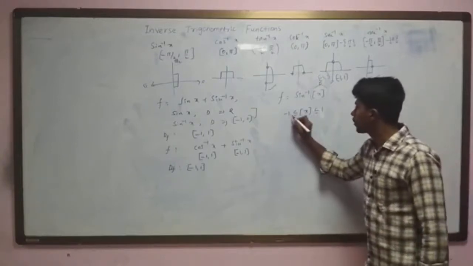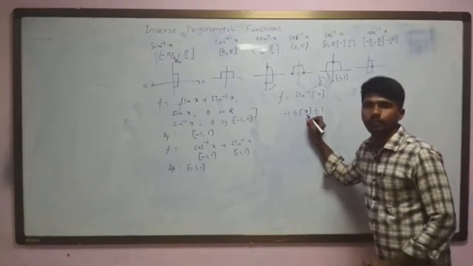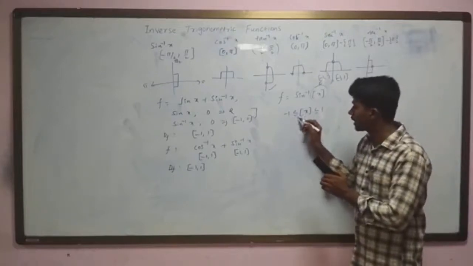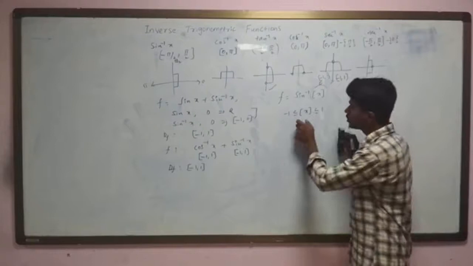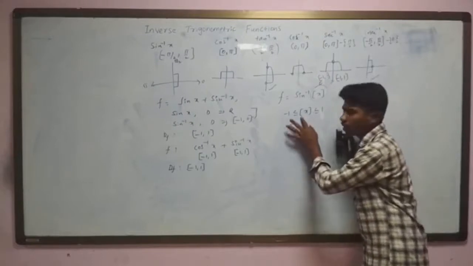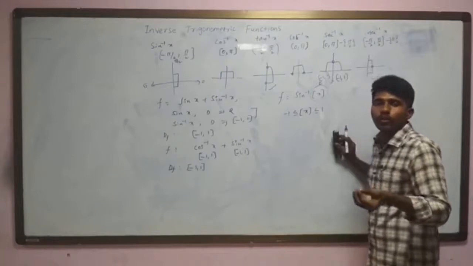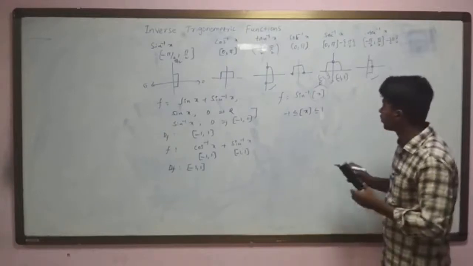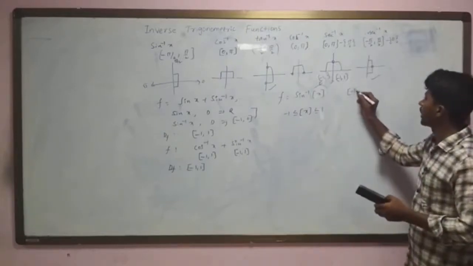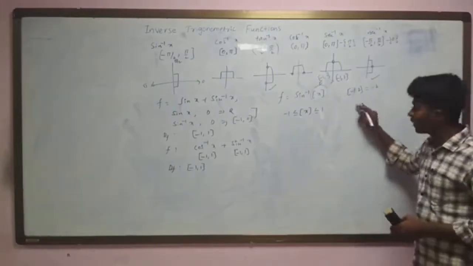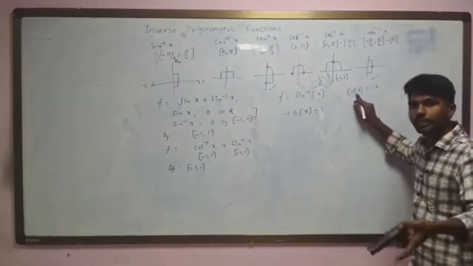See, -1 is less than or equal to step x. So step x value cannot be smaller than -1. So if I take -1.2, what is step of -1.2? It is -2, the nearest and smallest integer.